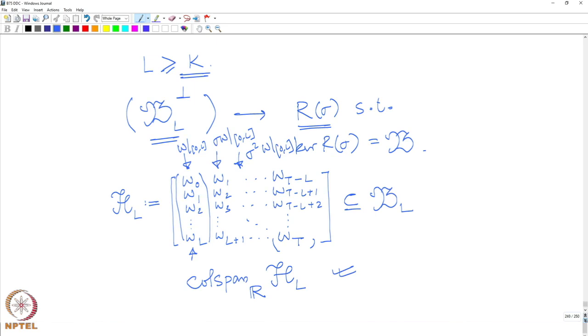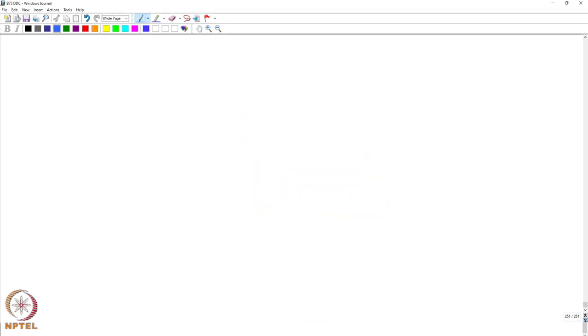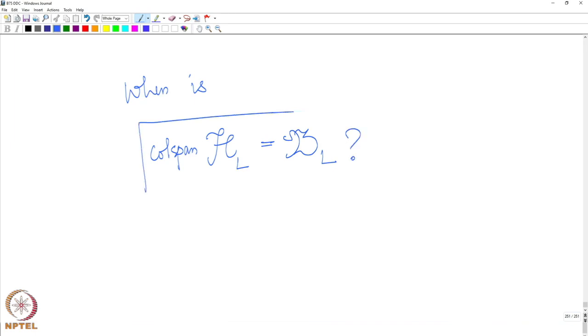But here is the question: when is this true? When is the column span of HL equal to BL? That is the question.